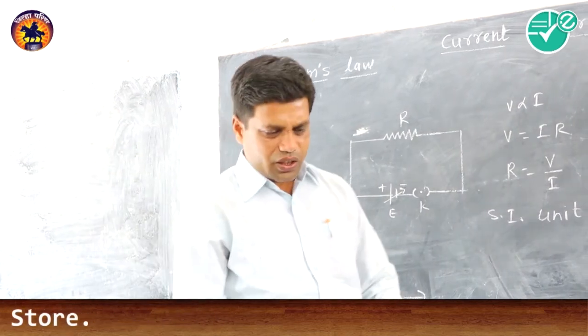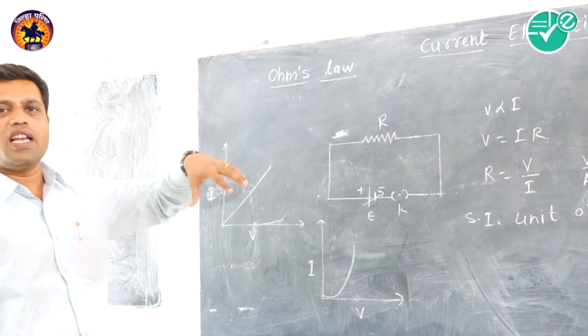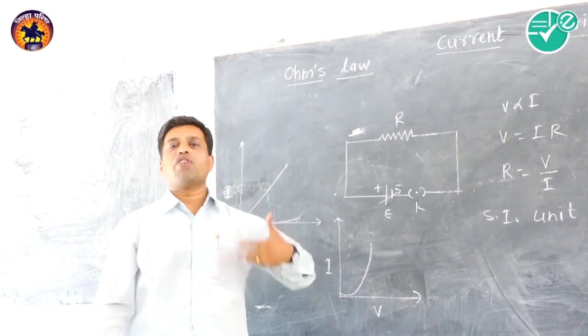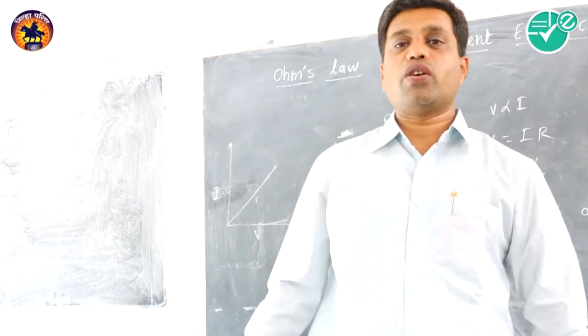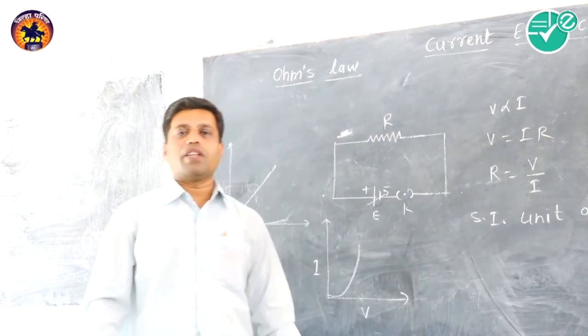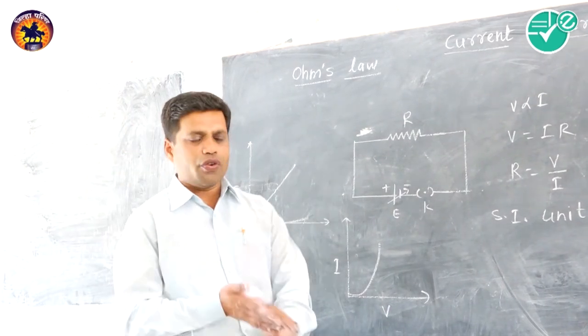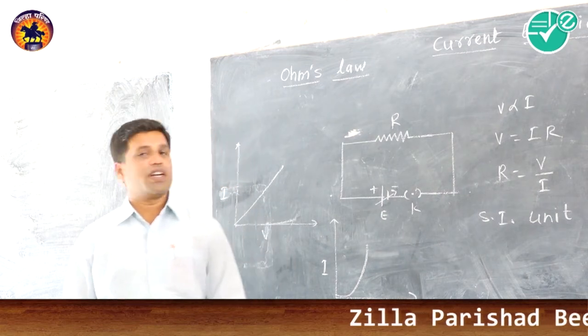So with this very short introduction about Ohm's law and electric current, we will skip this article and move towards our next article, which is very important from the point of view of the exam. That is, as all of you already know, Kirchhoff's laws for electric current.